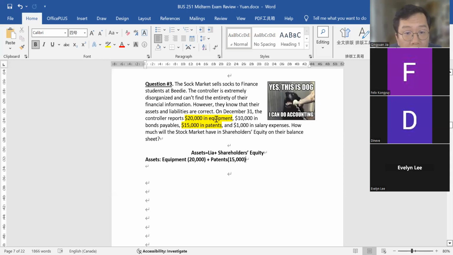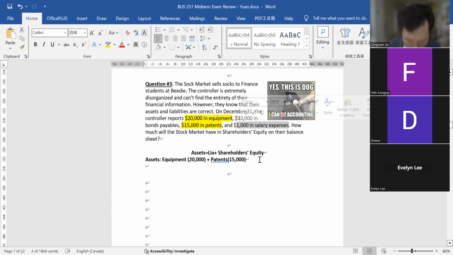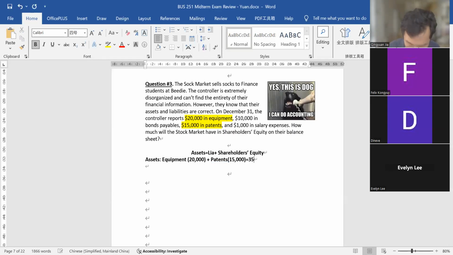Do we have other stuff here? This 10,000 in bonds payable is a liability, because it's payables. And this 1,000 in salary expenses is not an asset, it's just an expense. So everything we have for assets equals 35,000.